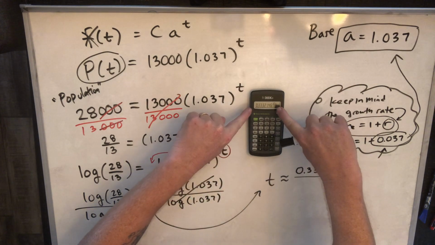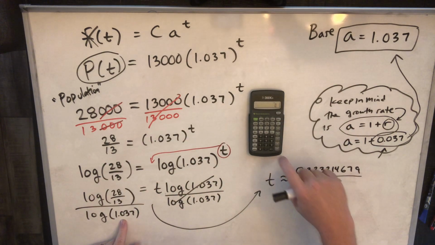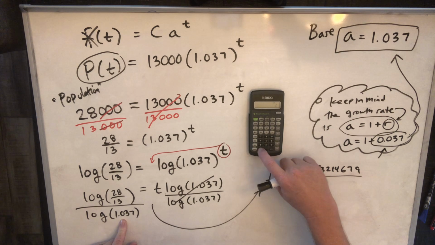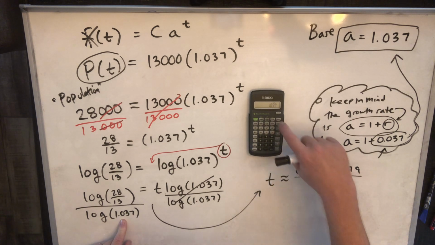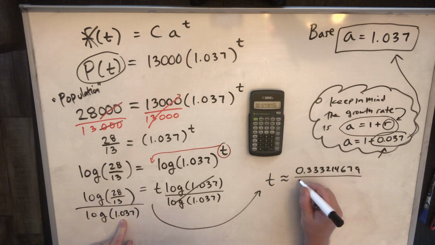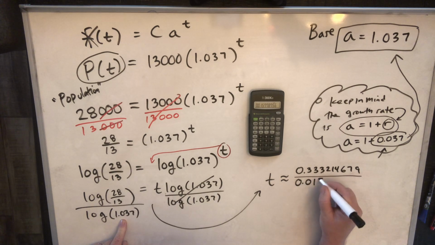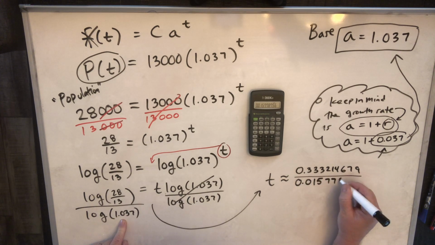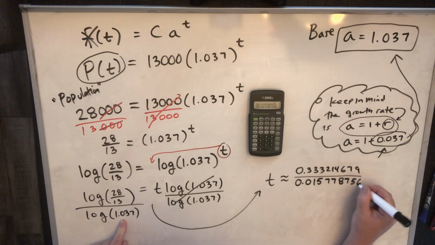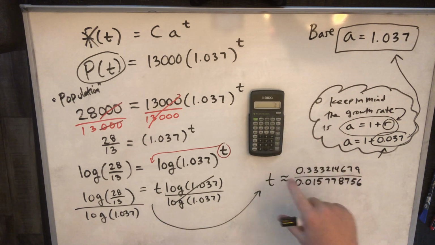Now you can save that in your screen, but I'm actually going to clear it out and do the denominator now, 1.037, and then do the log of that as well. 0.0157... 5778756. And then now I'm going to divide these results.